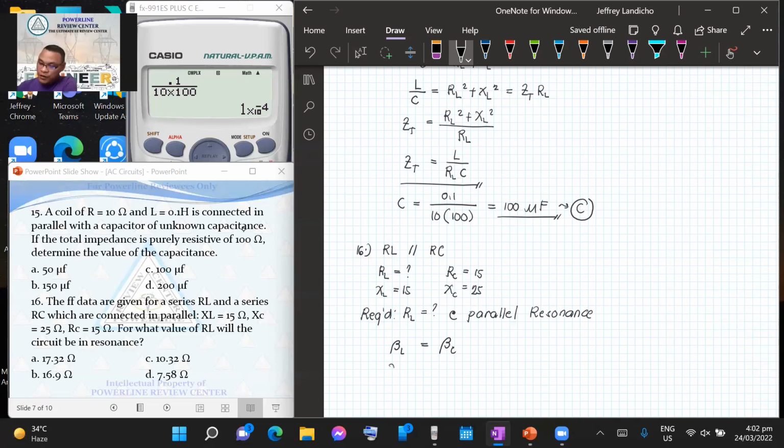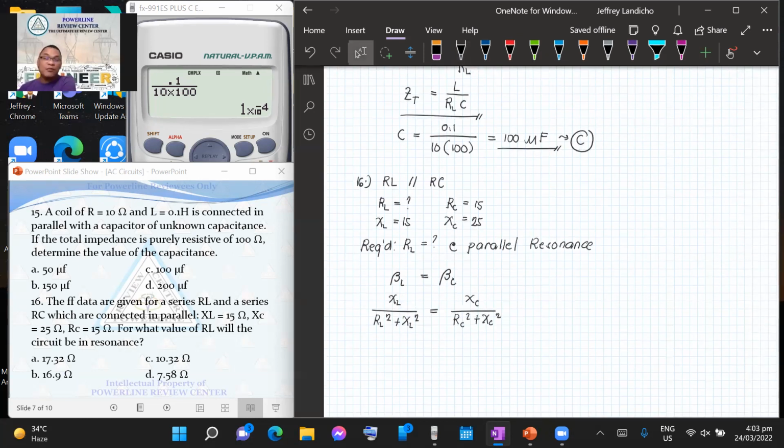Ano inductive susceptance? X sub L squared. Capacitive susceptance, XC, RC squared plus 1, X sub C is squared.